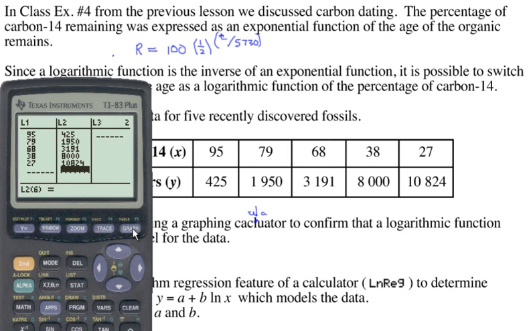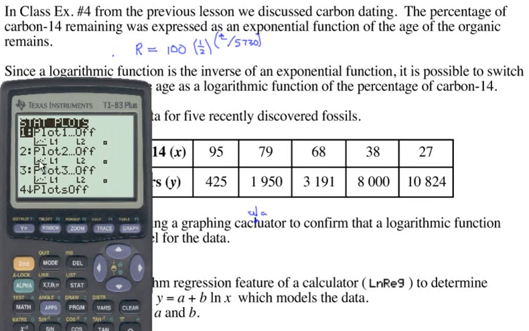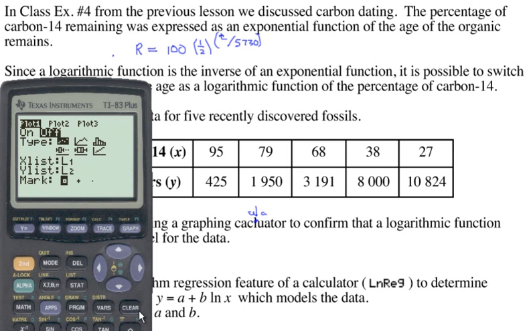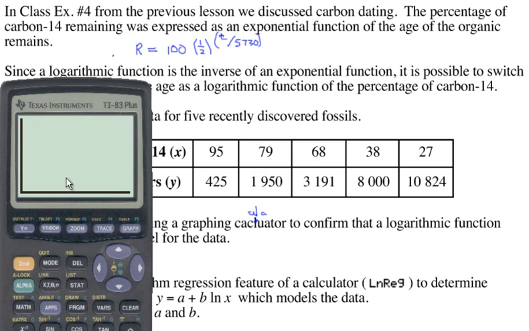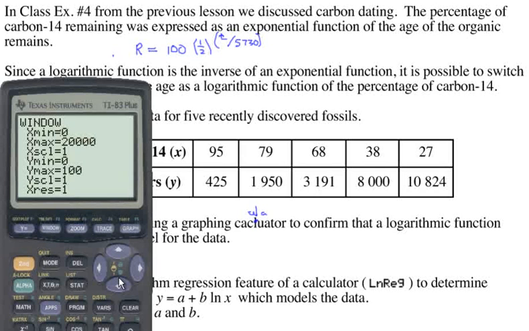Okay, to graph those you have to go second y equals, and here's your first plot. It says I'm going to use list 1 and list 2. That's exactly what we want, but right now it's off. If you select that plot and then hit Enter to turn it on, now you can graph it, and we don't see anything because my window's out of whack. Sorry.